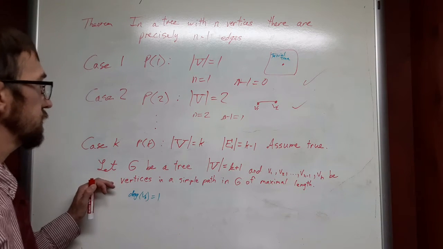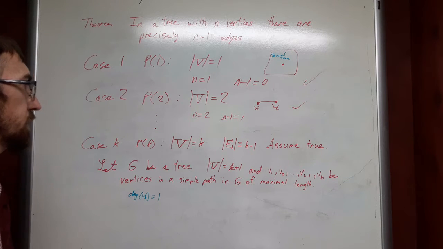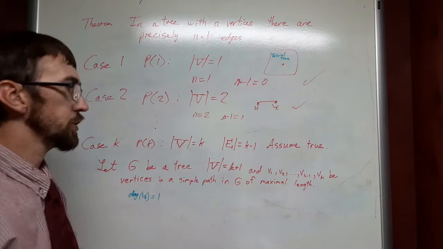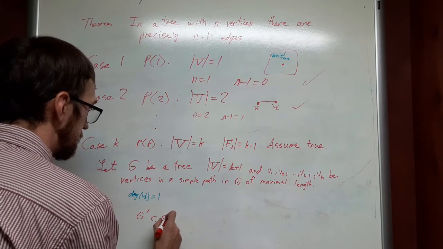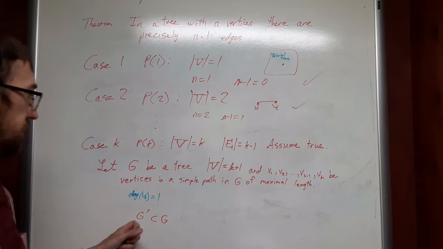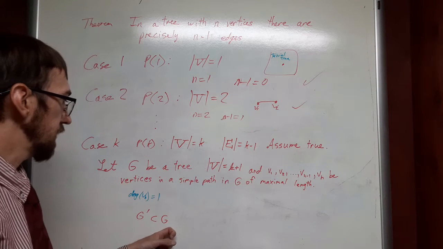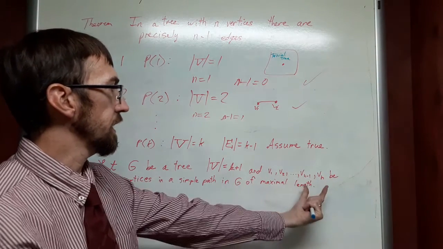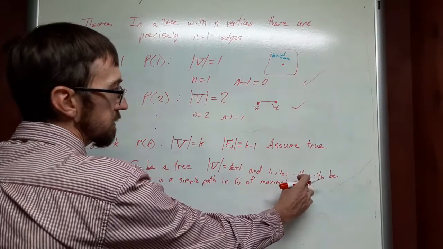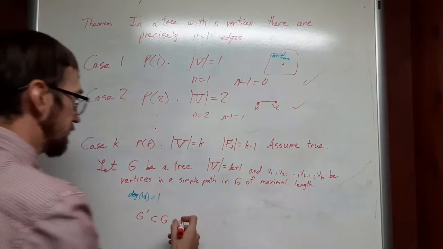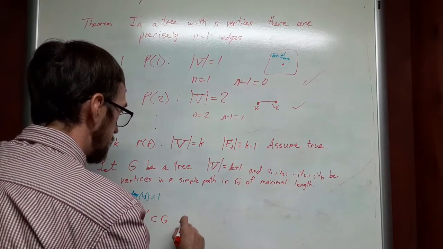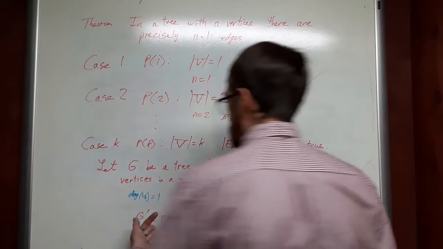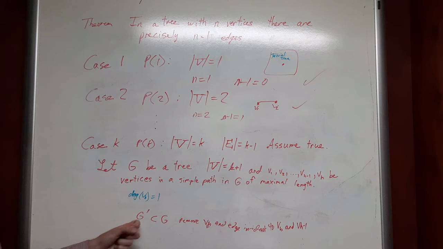The next thing that we're going to do in this proof is we're kind of going to break G up. And the difference between G and G prime is that we are removing V sub H and the edge incident with V sub H minus 1 and V sub H. So looking at G prime, we want to talk about a path in just G prime.